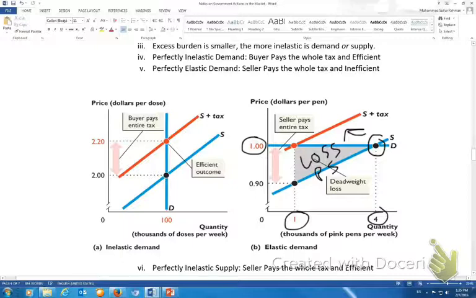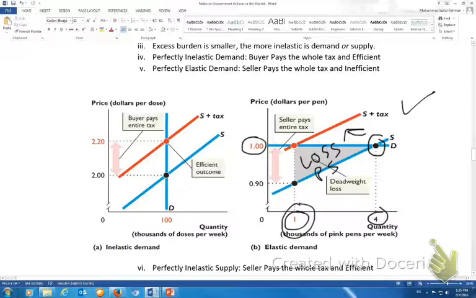So in the second case, with a perfectly elastic demand curve, we have underproduction and producers receiving a price lower than what the consumer is paying. So you can argue that at the new production, marginal benefit is greater than marginal cost. But the loss of efficiency is really not from the consumer side, but from the producer side. Hence, there is loss.